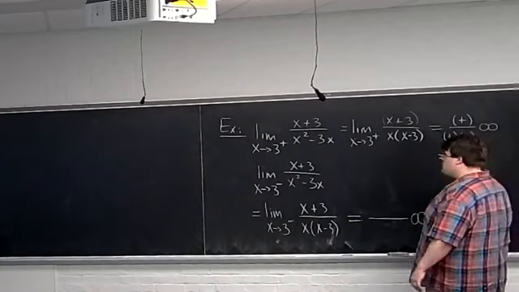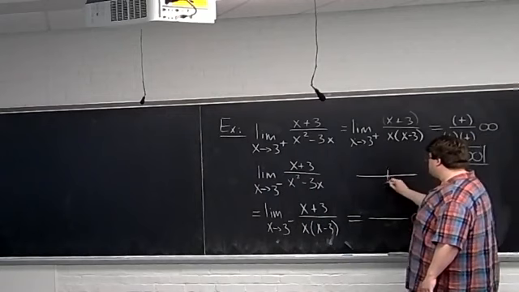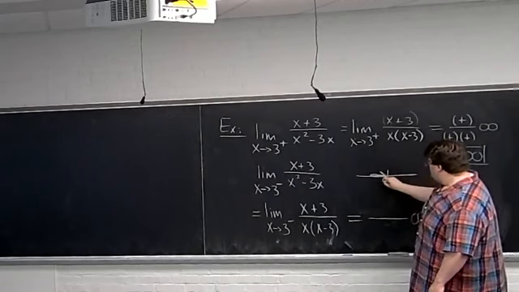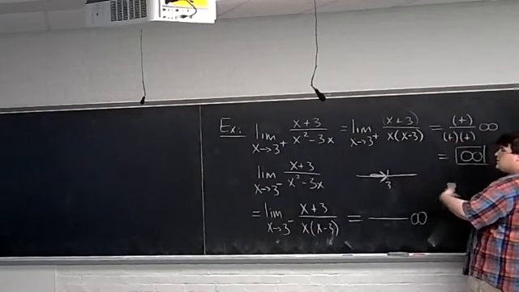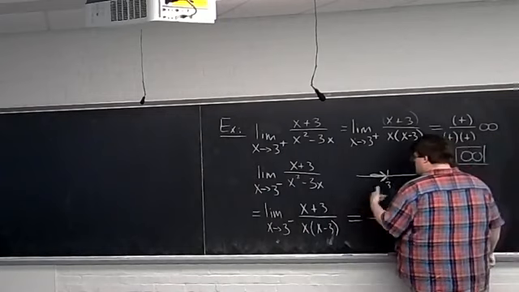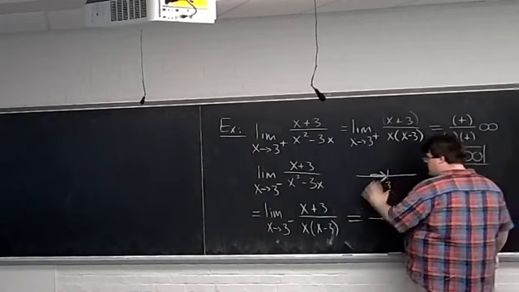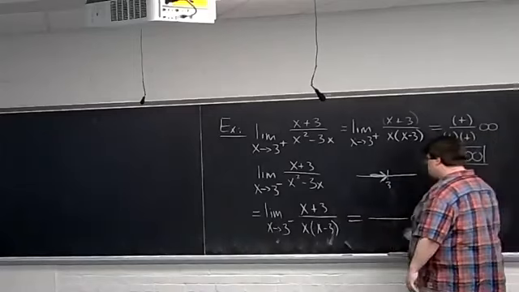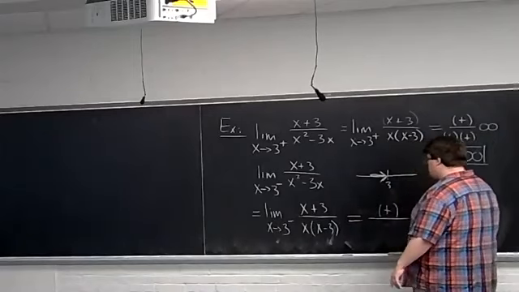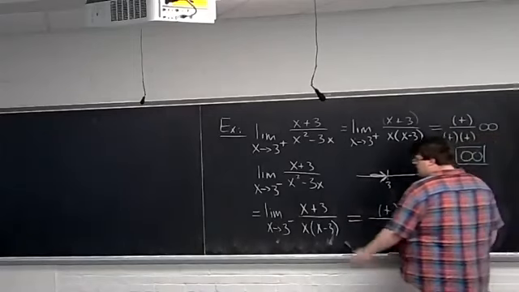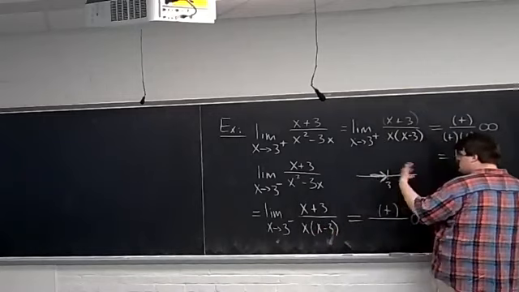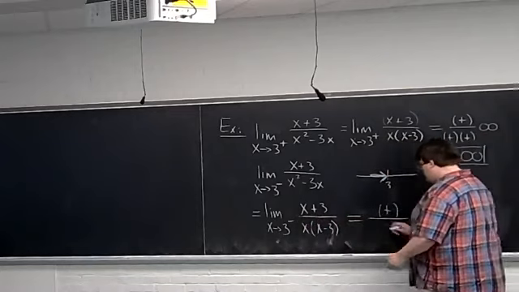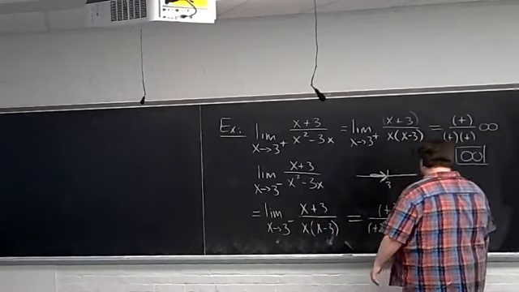On the left of 3, what numbers are on the left of 3? Well, here's 3. Numbers on the left of 3 are numbers over here, less than 3. Take a number close to 3, but on the left of 3, add 3, you still have a positive number. Take numbers close to 3 on the left of 3, substitute them for x, you again have a positive number.